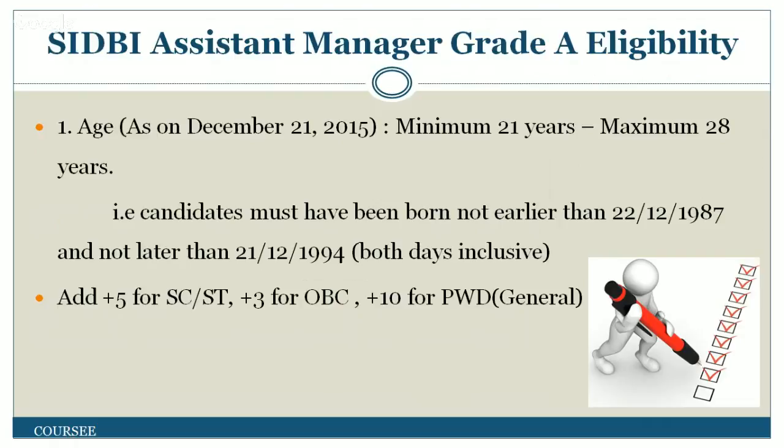This means the candidate must have been born not earlier than 22/12/1987 and not later than 21/12/1994. Age relaxation is also given: 5 years for SC and ST candidates, 3 years for OBC, and 10 years for PWD general.